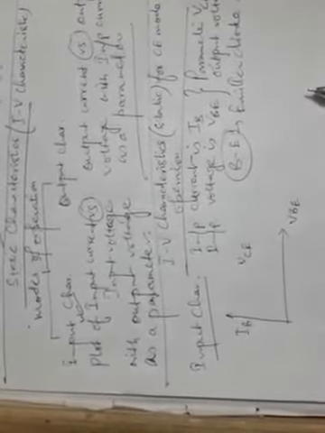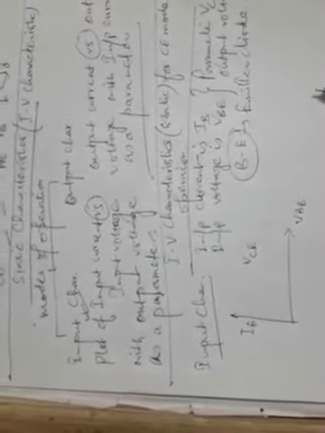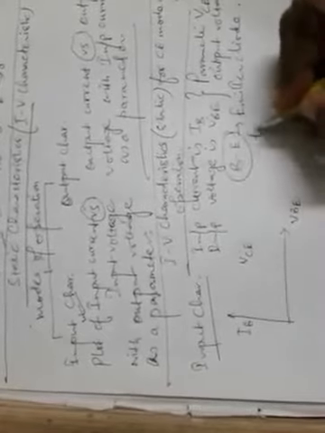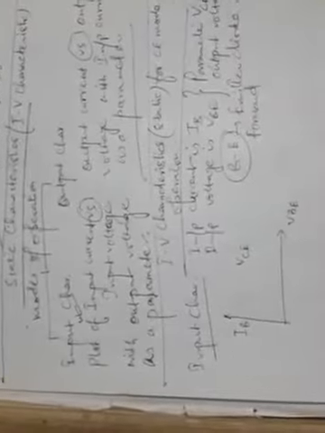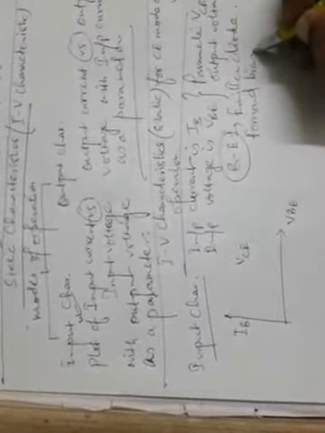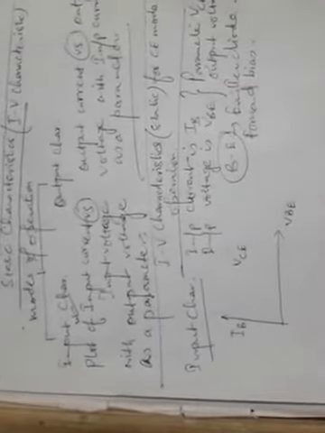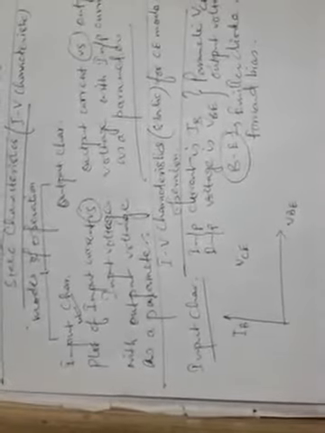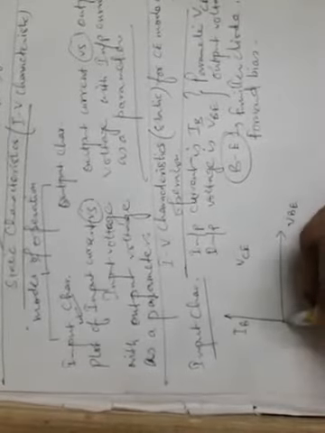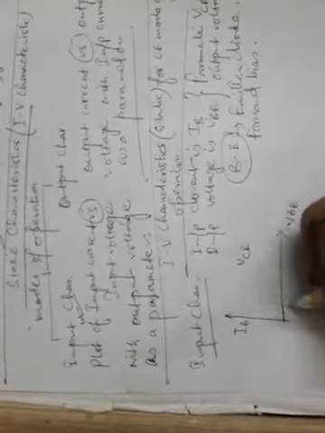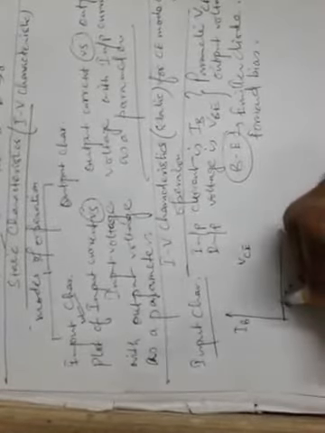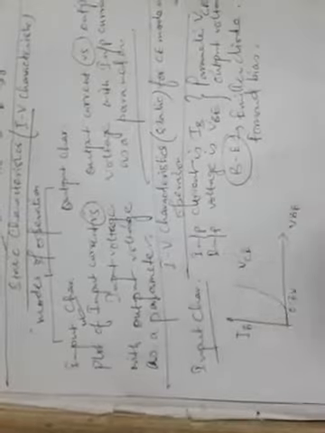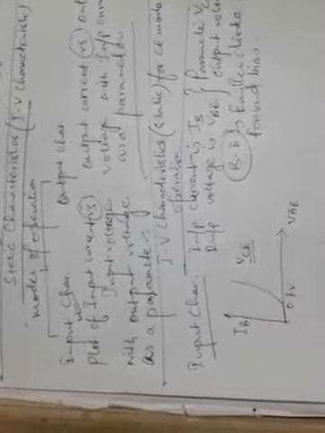Since this junction is forward biased, the input characteristics in this CE mode of operation of the BJT will look like the characteristic curve of a forward biased diode. After a certain cut-in voltage, say 0.7 volt for silicon, it will be an exponentially rising curve for a particular value of VCE.